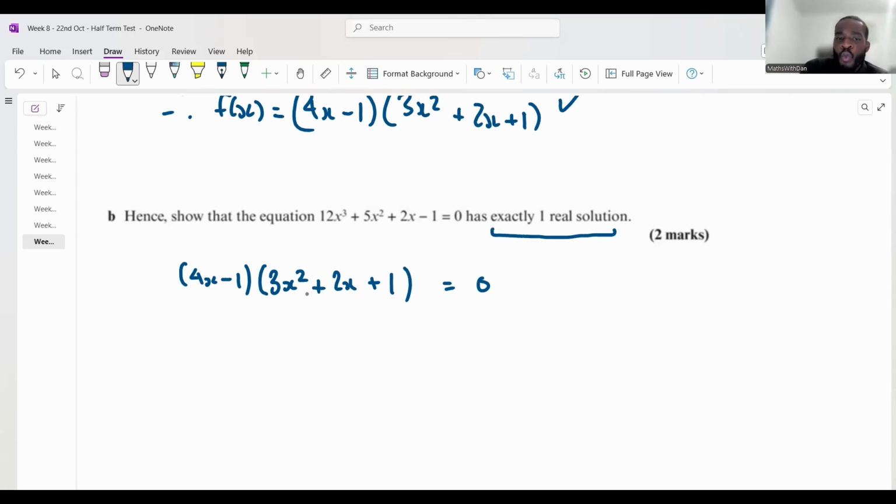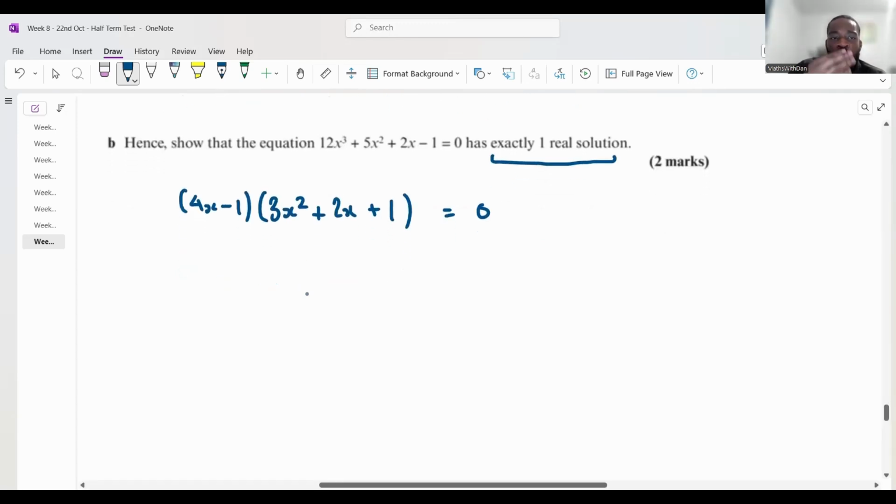Well, we already know what one of the solutions is, right? What is the solution that we are already aware of, guys? Well, it's the one that we used for the factor theorem, this one right here.